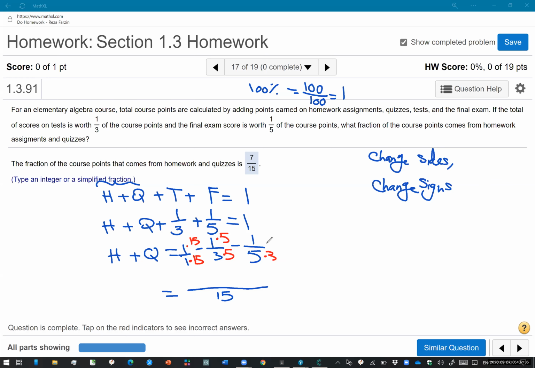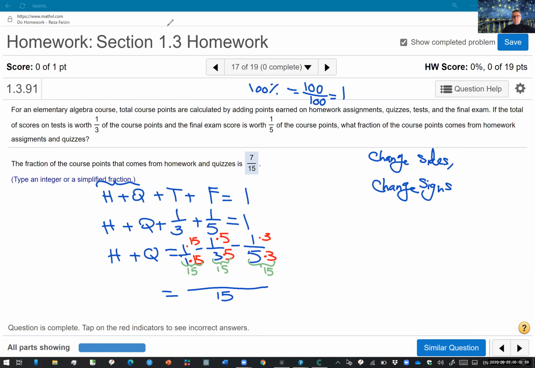3. Right. So notice all 3 denominators are now what? The first denominator is now 15. What's the second denominator? Well, that's 15 too, right? And so is the third one. So now these are like fractions, right? So now we can just combine the numerators.